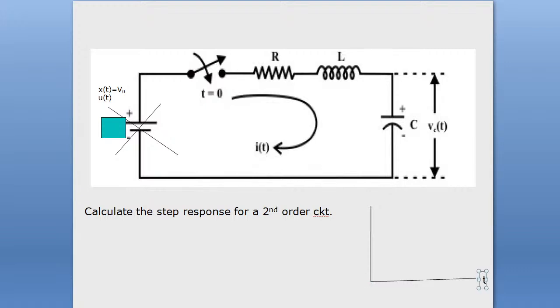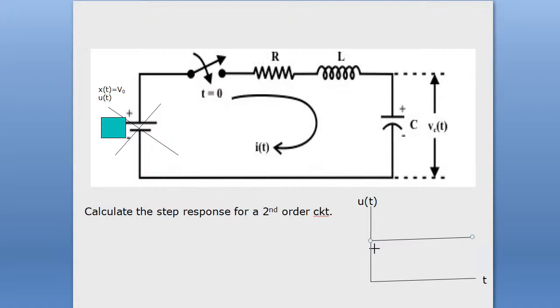This is t, and this is u of t, which is equal to 1 for t equal to 0 or greater than 0.